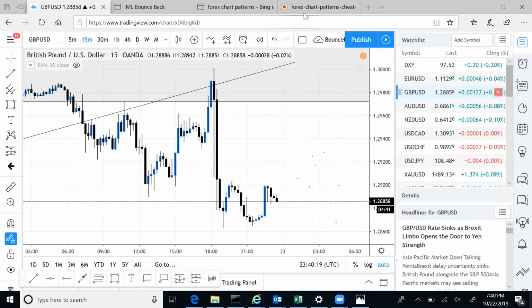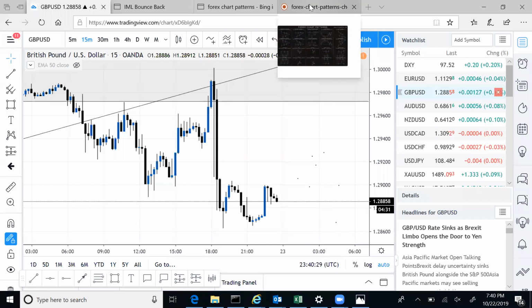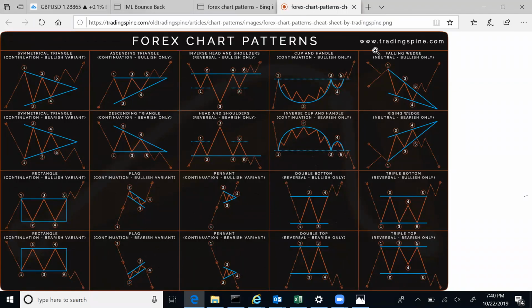That's right. So when we look here, look at this pattern. Everybody, I want you to pay attention. Look at this pattern, right? And let's go to the Forex chart patterns now. So using the Forex chart patterns, what type of pattern is GU forming on the M15 time frame?